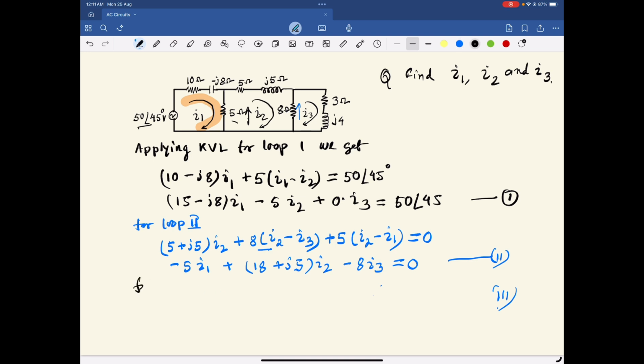Now for loop 3, 3 plus J4 is there. So 3 plus J4 into I3, plus 8 into I3 minus I2, is equal to 0.